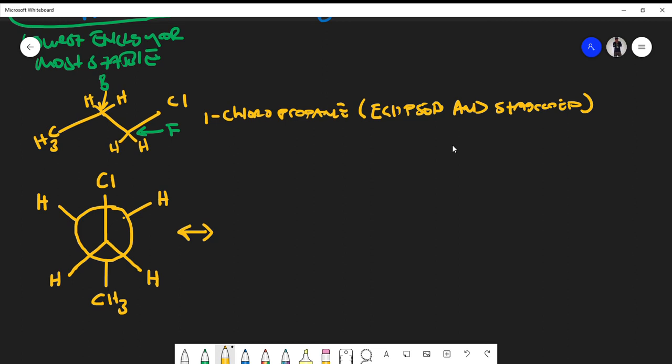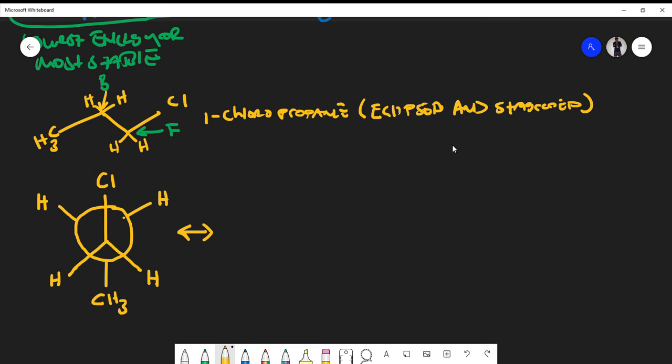Now, things get a little bit complicated, because now we're looking at both the eclipse and the staggered versions. For the staggered version, if we were just drawing the staggered versions of the molecule, we were rotating 120 degrees. Remember when I spoke about the idea of click, click, click.